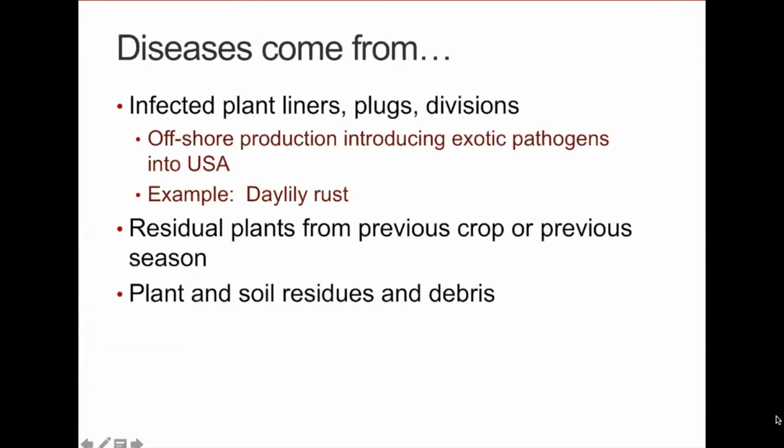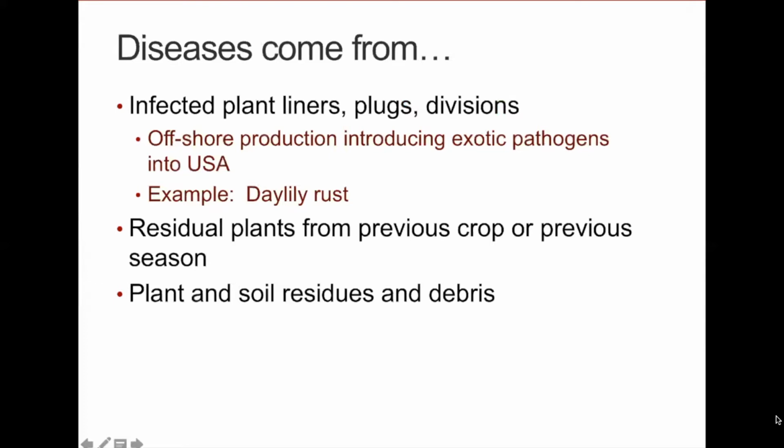Diseases can come from a lot of different things, really anything that you're dealing with. Infected plant liners that are coming in, seeds, plugs, divisions from different nurseries or greenhouses that you bring plant material in from. Also, residual plants from a previous crop or previous seasons.